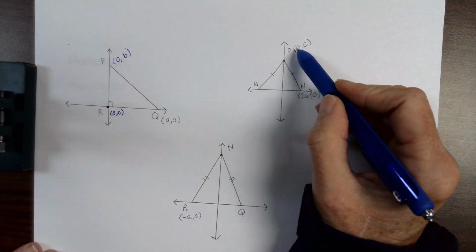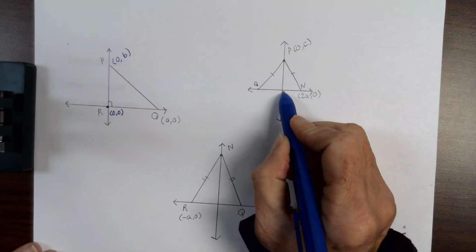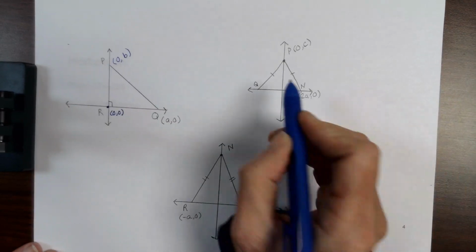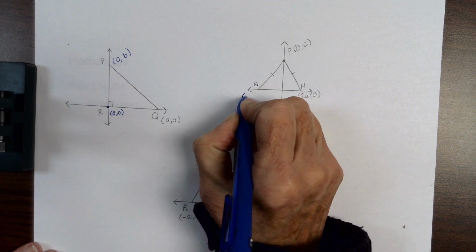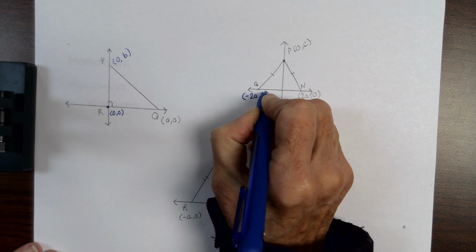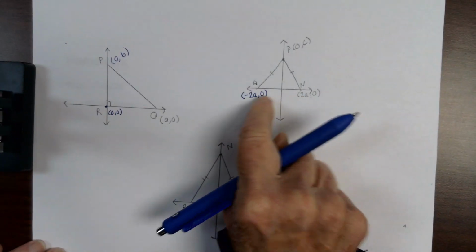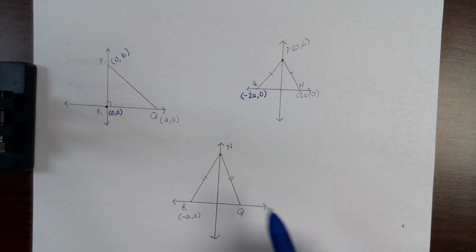This one, I do have congruency marks. This is the point 0, C. This is the point 2A, 0, so I've gone over 2A here. I would go over the same amount here, but I go in a negative direction, so I call it a negative 2A, 0. So it's like equivalent on both sides. This one is very similar. I have congruency marks on that.